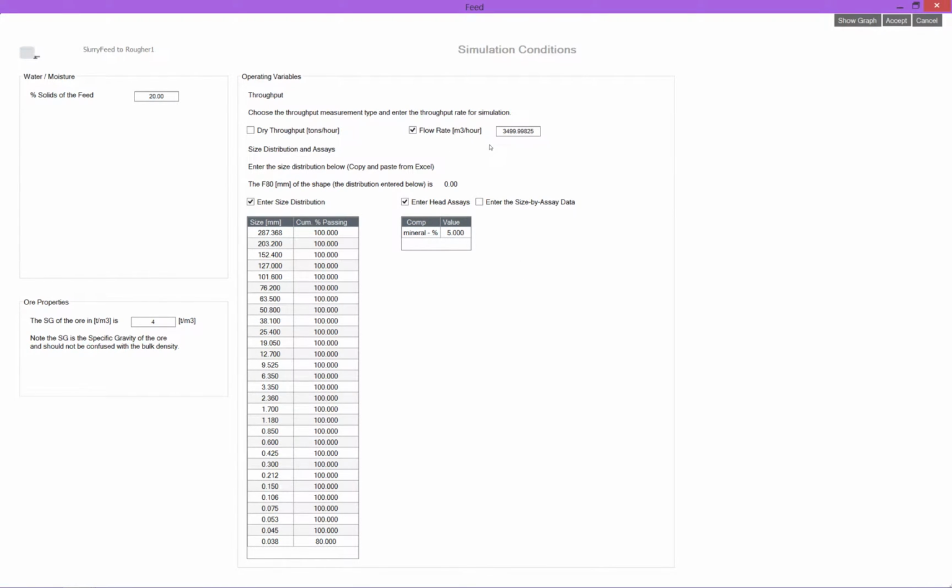So currently, this circuit is simulated at 3,500 cubic meters per hour with a feed mineral percentage of 5.